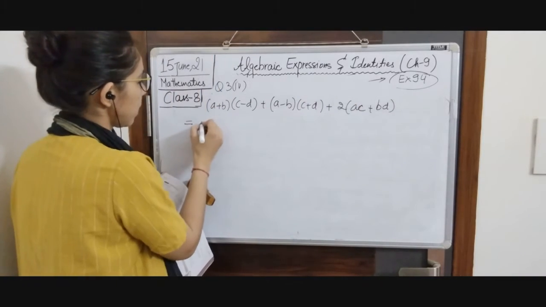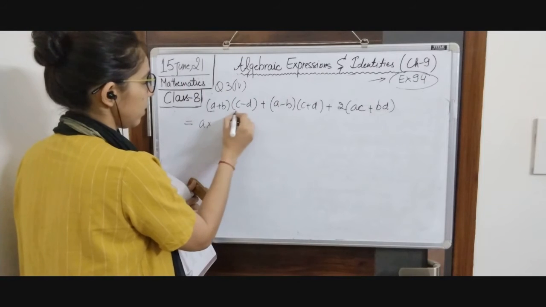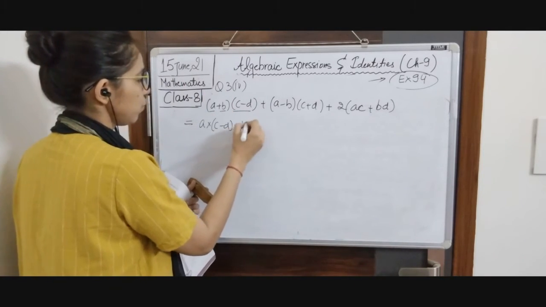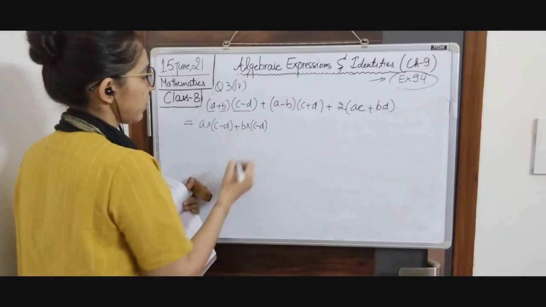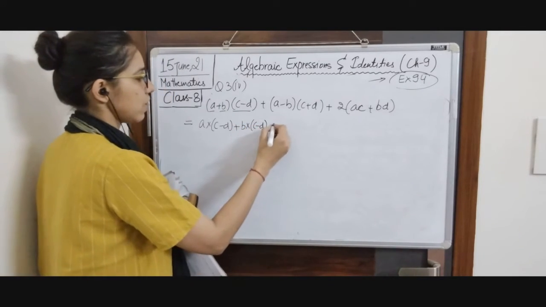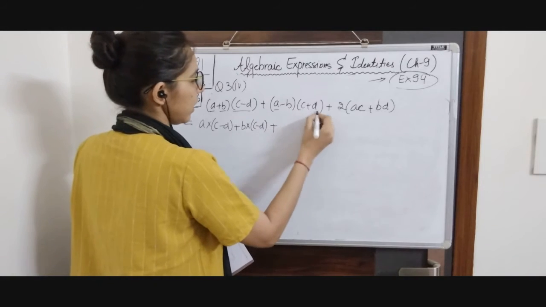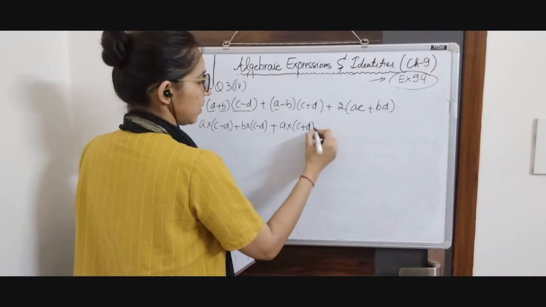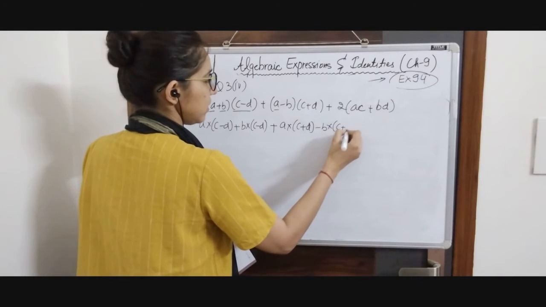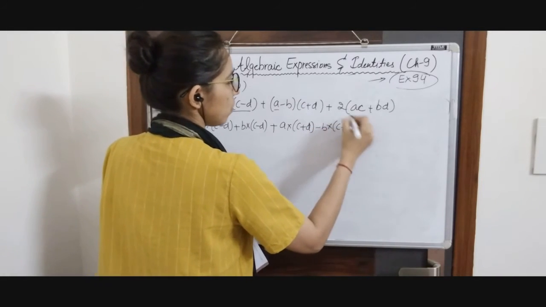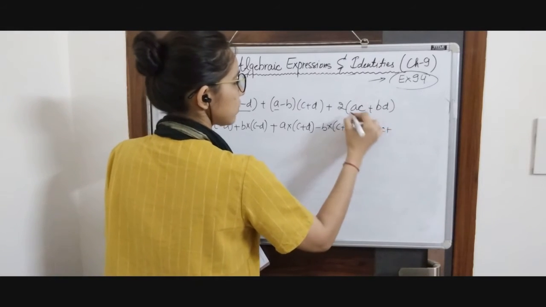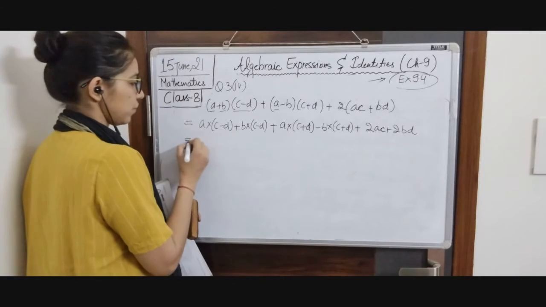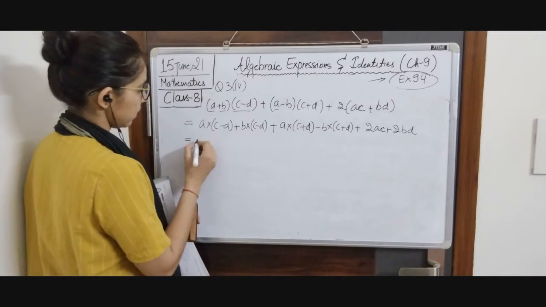Nothing new. A into (C minus D) plus B into (C minus D). We are done with the first two binomials, and we will move on to the next one. A into (C plus D) minus B into (C plus D) plus 2AC plus 2BD. Next, we are going to further simplify it.